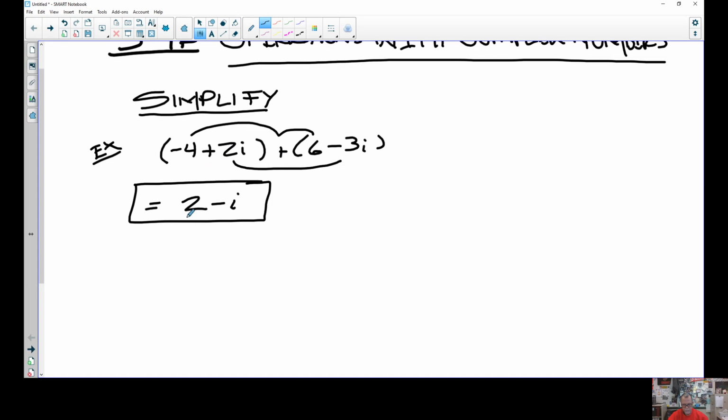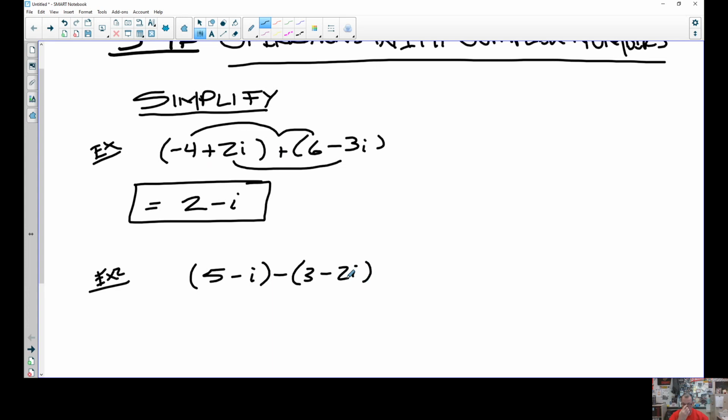Let's do another example. Let's do this one. 5 minus i minus 3 minus 2i.